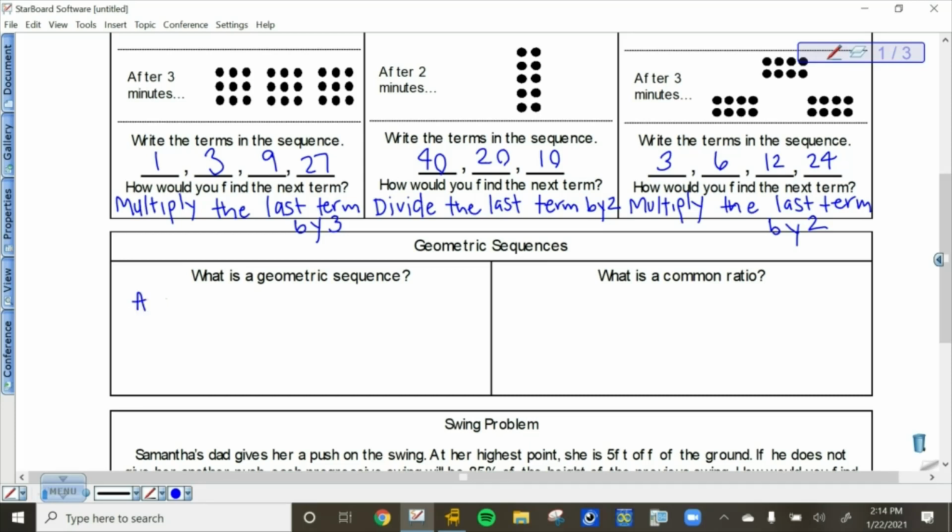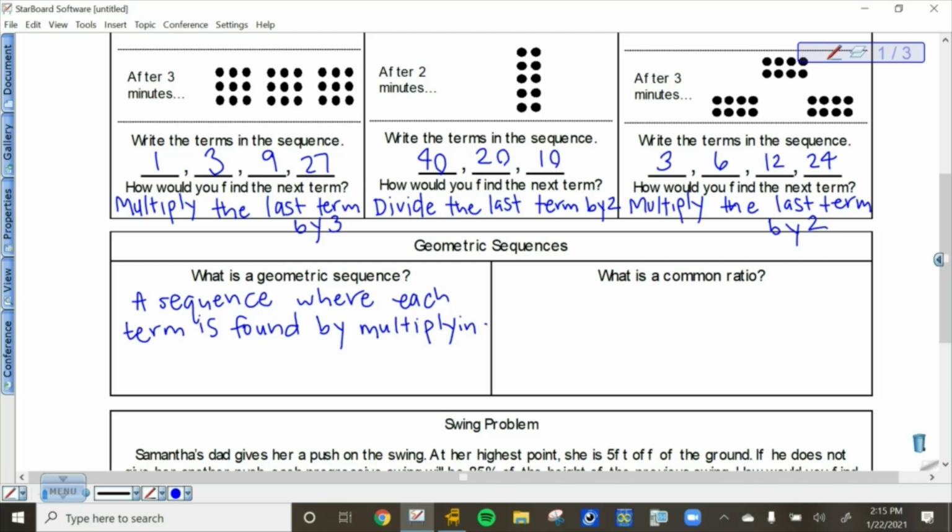It's a specific type of sequence where each term is found by multiplying the previous term by a common ratio.